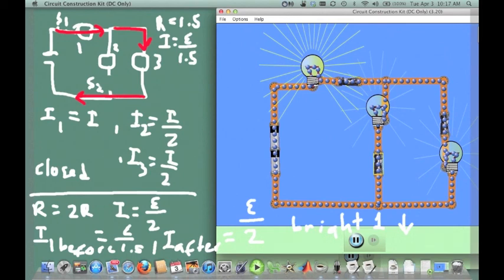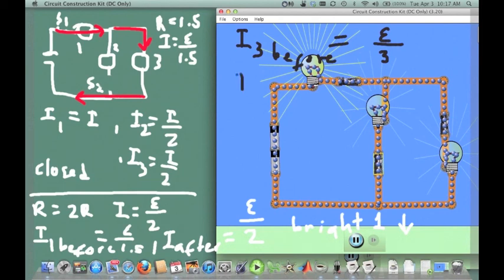Right? The current in light bulb 3 before was equal to epsilon divided by 3 because it's 1/2 of epsilon divided by 1.5. Yes? Epsilon divided by 1.5 was the net current flowing in that situation.